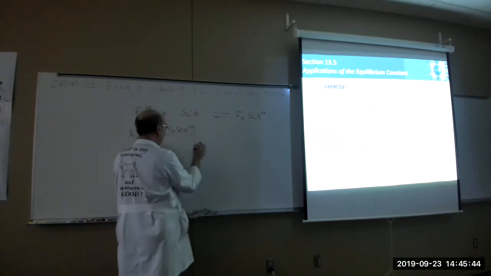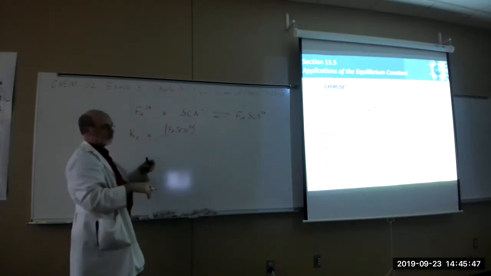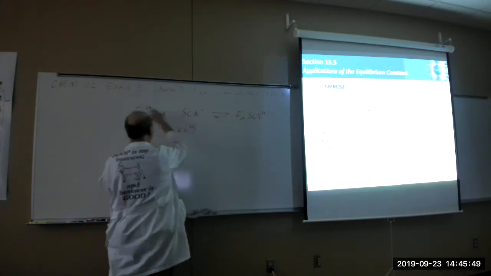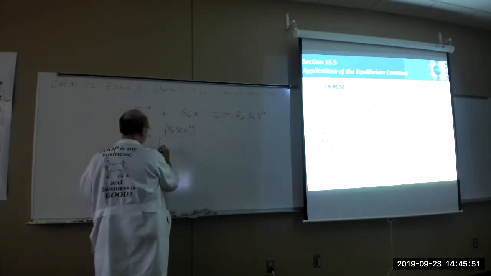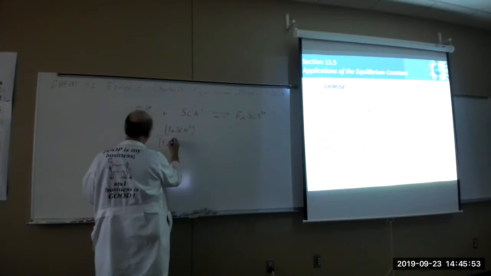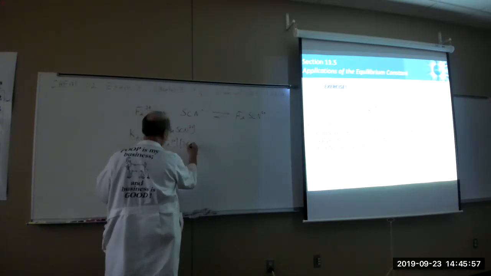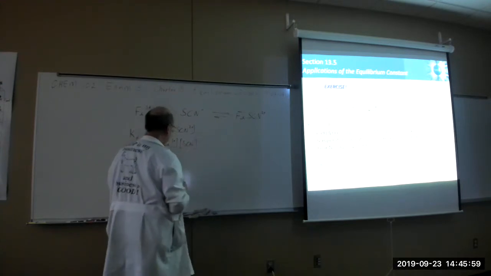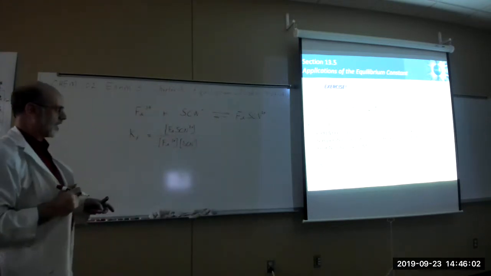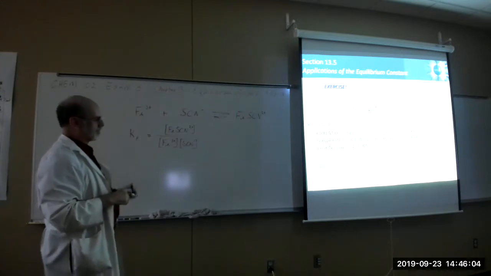Since there are no powers here, everything's to the first power, it's 1, 1, and 1. And then on the bottom, we would have the reactants. Okay, so that's what the equilibrium expression for that equation would look like.